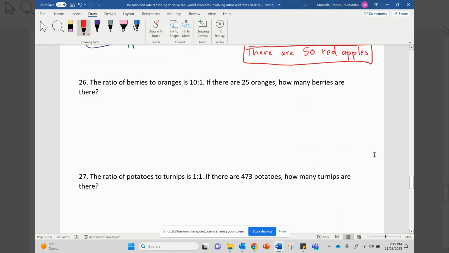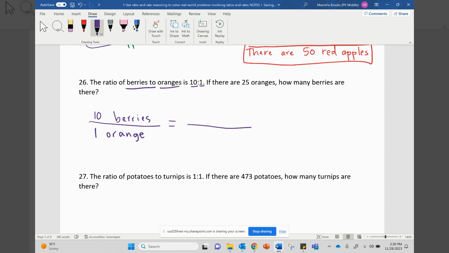All right, number 26. We're going to set up our two ratios, or fractions, or proportions. So the ratio of berries to oranges is 10 to 1. So that means berries is 10. So 10 berries. And oranges is 1. 1 orange.